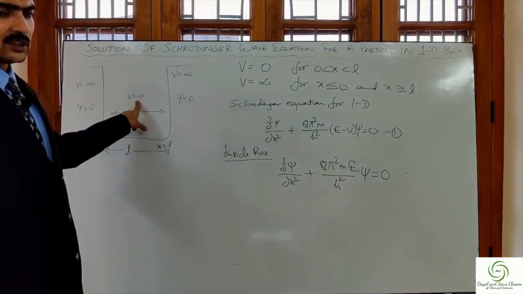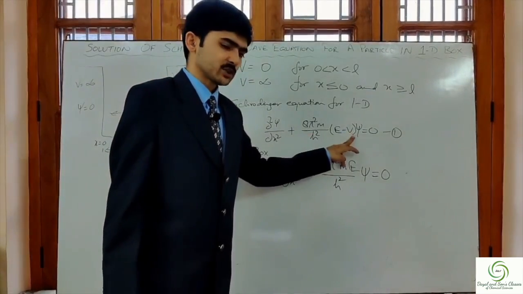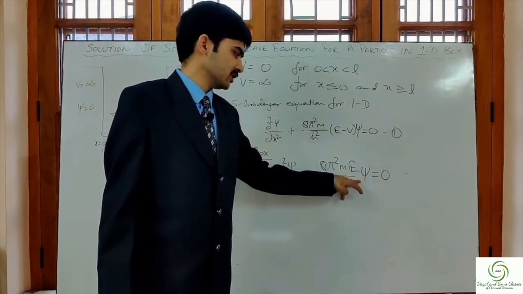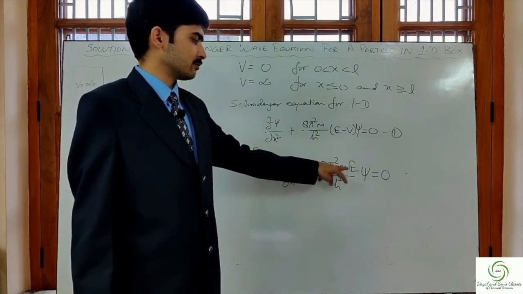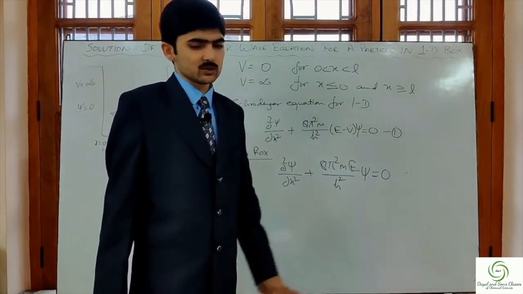Inside the box, we have V equal to 0. When we put V equal to 0, E minus 0 will give me E. So the equation becomes del square psi by del x square plus 8 pi square m E upon h square psi is equal to 0.